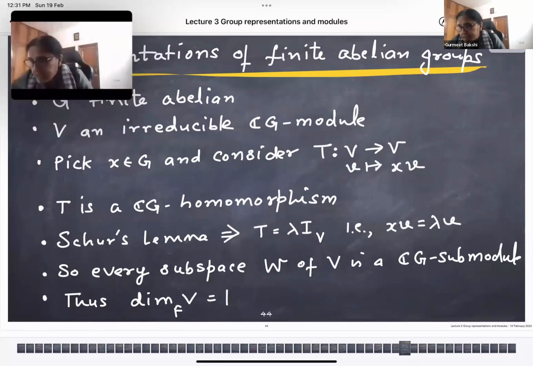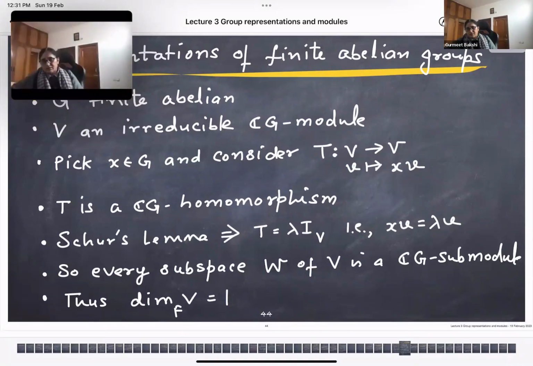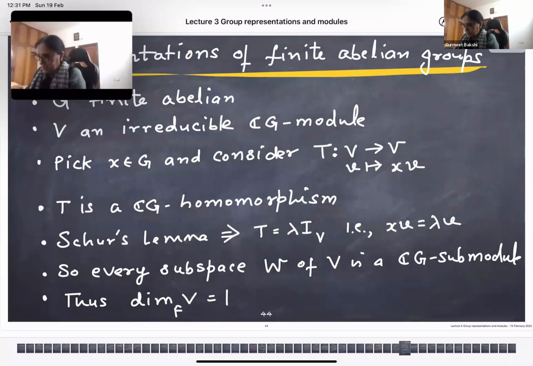Because of, again, the second part where you require C to be algebraically closed, or this works if you replace C with any algebraically closed field. You start with a finite abelian group G, and I want to prove that the only irreducible CG modules are one-dimensional over C. How do you prove that?